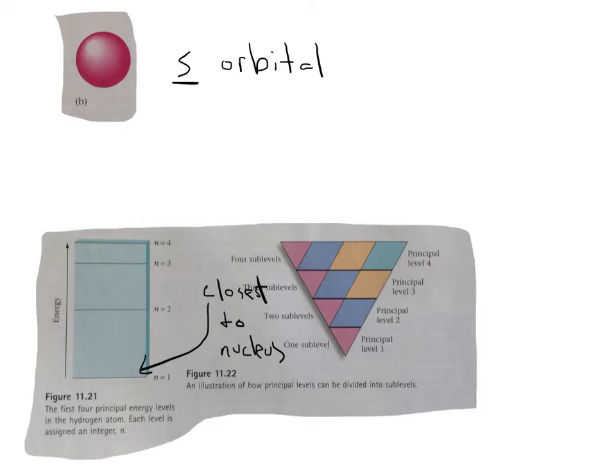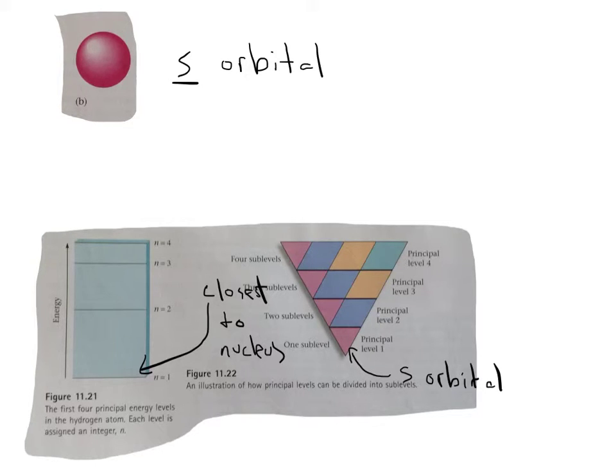Now, inside each energy level are different types of orbitals. So, let's take a look at this pyramid, which represents the different energy levels. Inside energy level 1, we just have an s orbital. So energy level 1 just has this orbital.